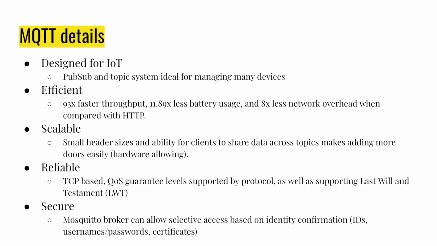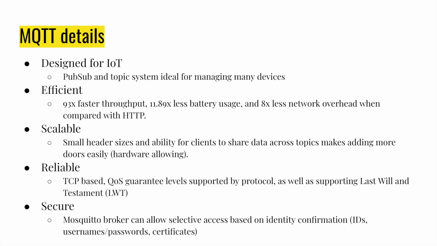So first of all, MQTT is a better choice than something like HTTP because it was actually designed for IoT projects. It utilizes PubSub architecture to provide a scalable way to manage many IoT devices. This is good because realistically, you wouldn't want to be limited to just a single smart lock. You might want to include multiple smart locks or connect a whole host of different devices.